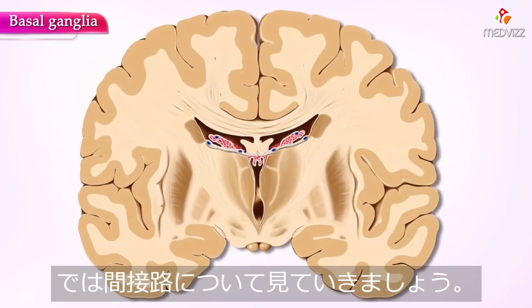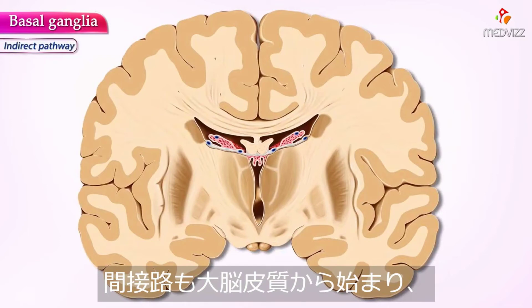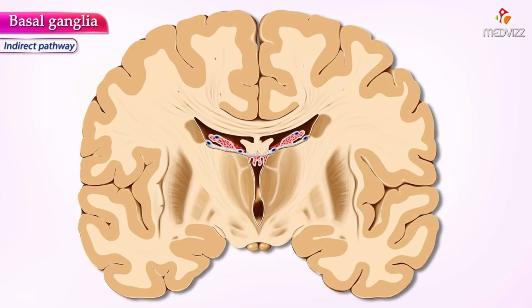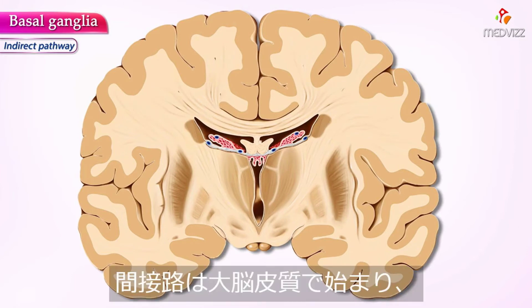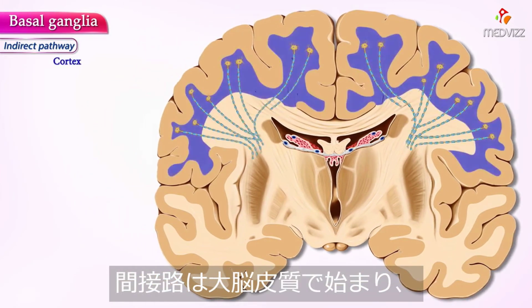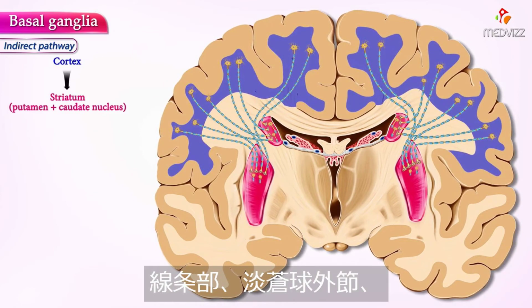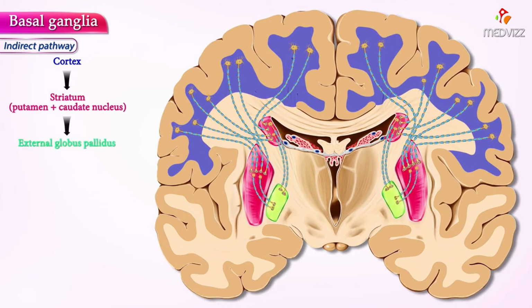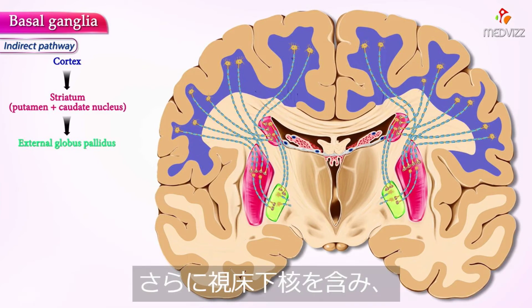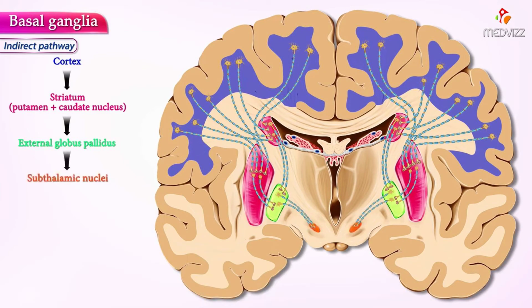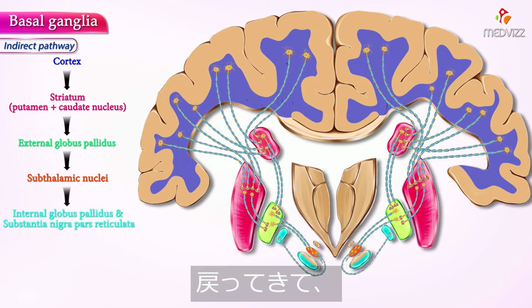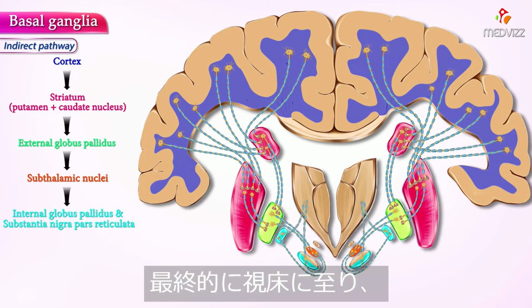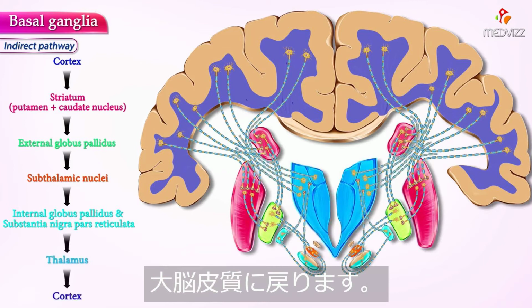Now let's take a look at the indirect pathway. The indirect pathway also begins in the cortex and proceeds as follows. It starts from the cortex, travels to the striatum, travels to the globus pallidus externus, further on to involve the subthalamic nuclei, and then comes back to the globus pallidus internus and the substantia nigra pars reticulata, eventually terminating in the thalamus and back to the cortex.